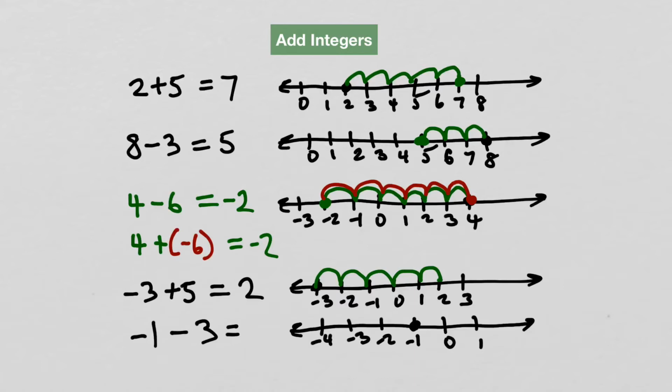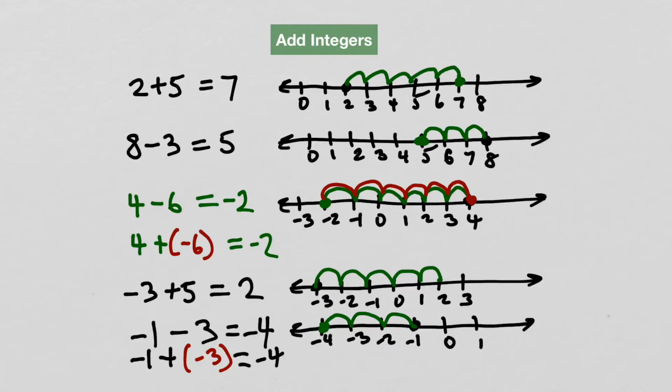So we're going to start at -1 and jump to the left 3 times. 1, 2, 3. And we land at -4. So the answer is -4. Again, if we rewrite this, this is the same as -1 plus -3. And that is still equal to -4. So no matter how you rewrite it, it's still the same.